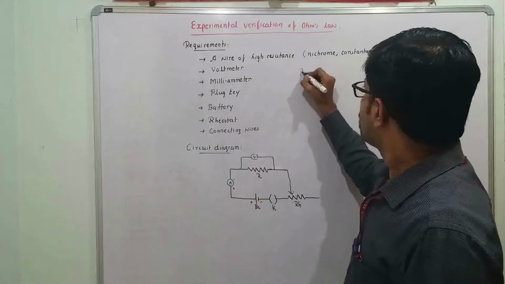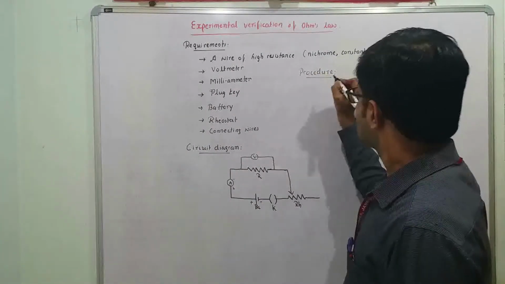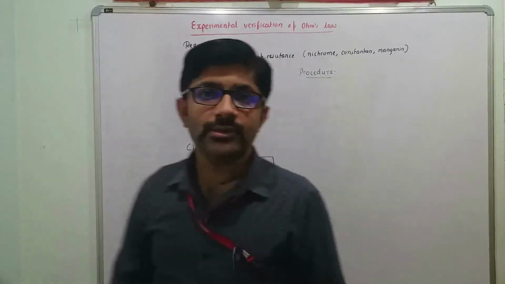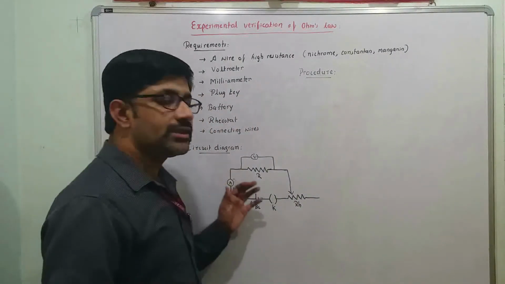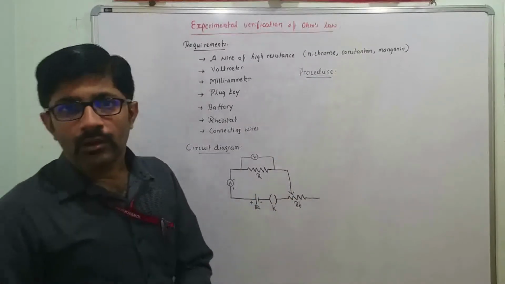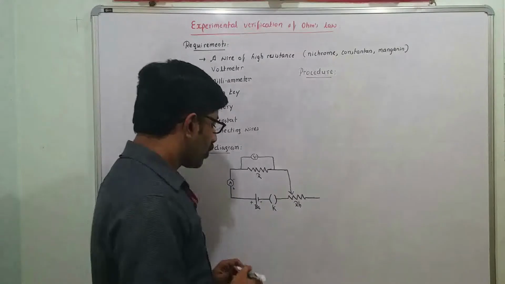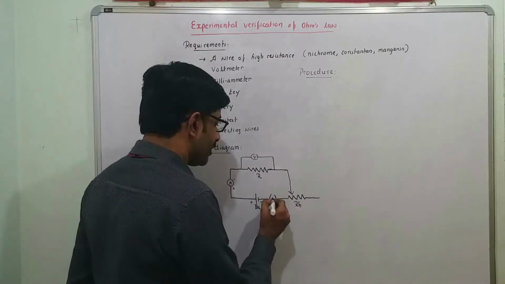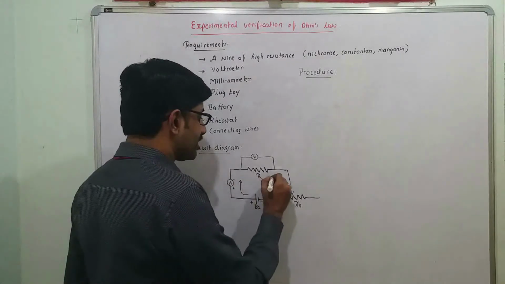Part of procedure. So the first step is to connect the circuit in accordance with the diagram. Switch on the circuit by closing the key. By that, the current starts to flow inside the circuit.